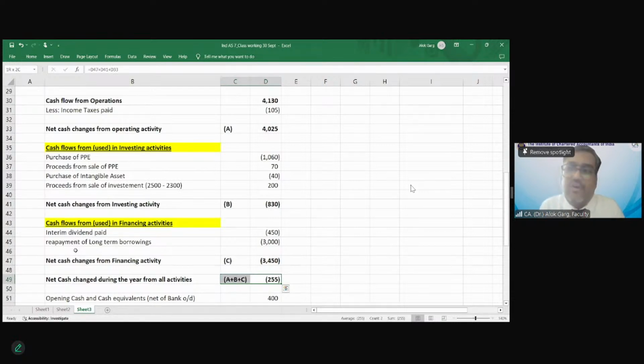And how will I ensure that my workings are accurate, my workings are correct?